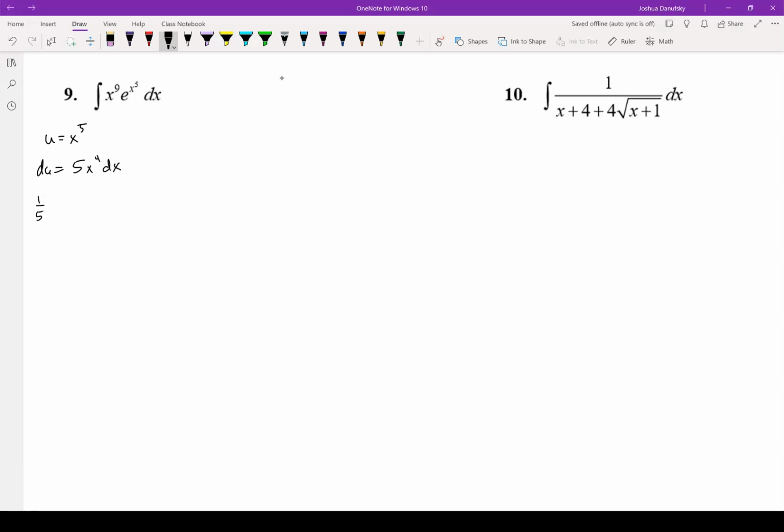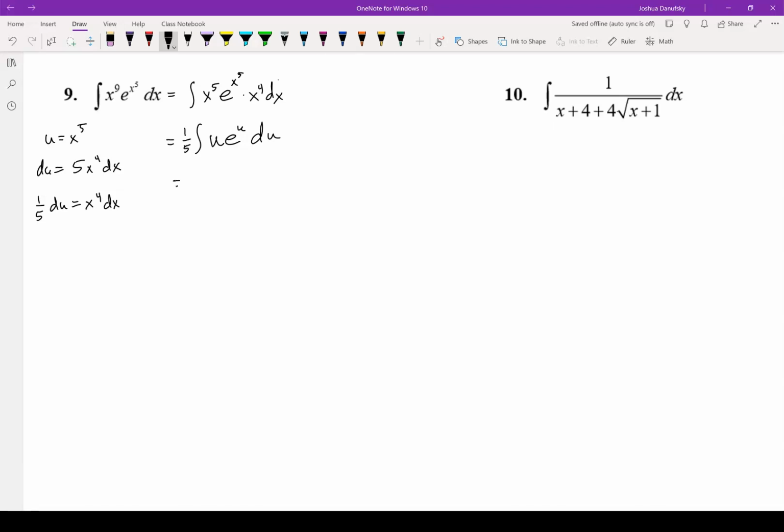So 1/5 du is equal to x to the fourth dx. But we have an x to the ninth here. So if we think of this as x to the fifth e to the x to the fifth times x to the fourth dx, we notice that we have x to the fifth, which is u. We have e to the u, and x to the fourth dx is going to be du with a 1/5 in front.